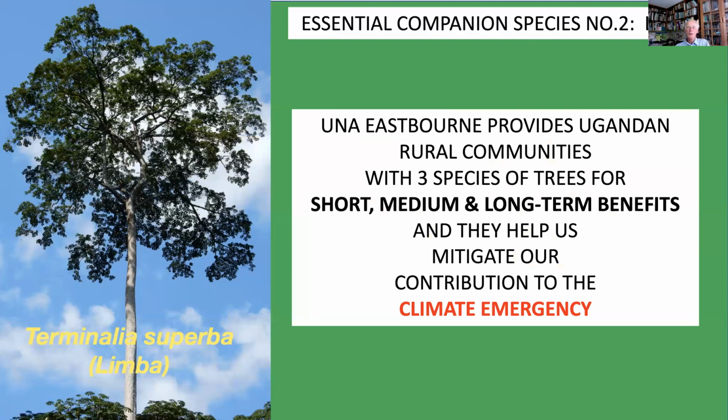So the United Nations Association provides Ugandan rural communities with 3 species of trees, and it's important to remember this is for short, medium, and long-term benefits.